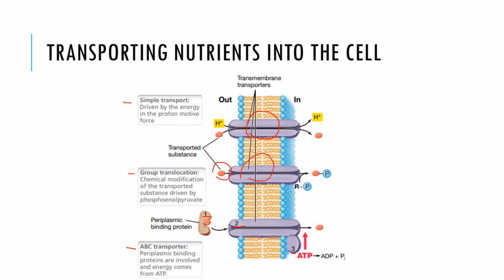And the ABC transport system consists of three components: a substrate binding protein, the transmembrane transporter, and an ATP hydrolyzing protein. Each of these transport systems is energy-driven, be it from the proton motive force, ATP, or some other energy-rich compound.